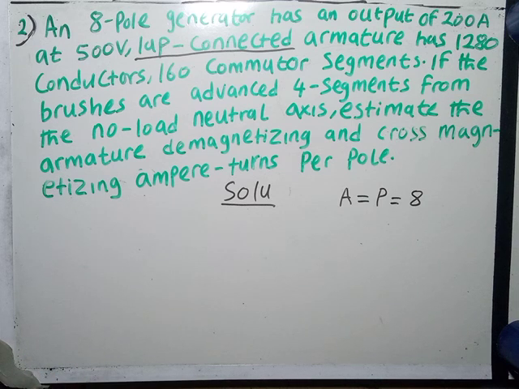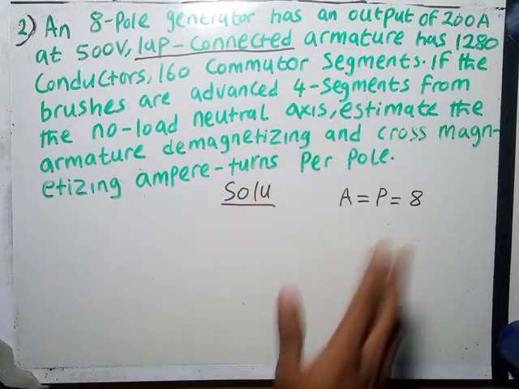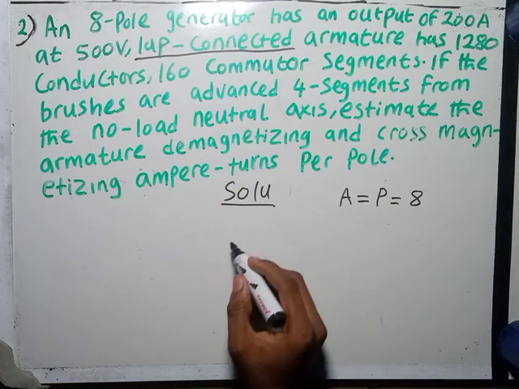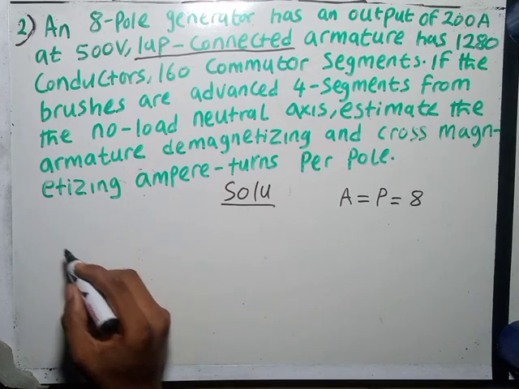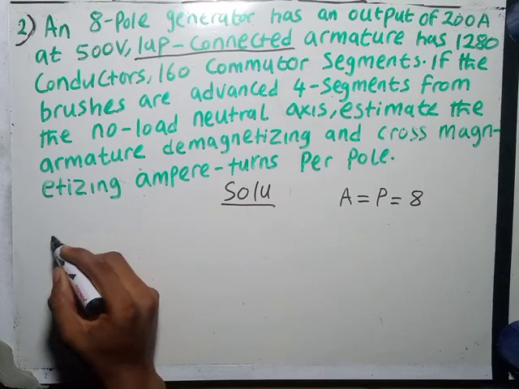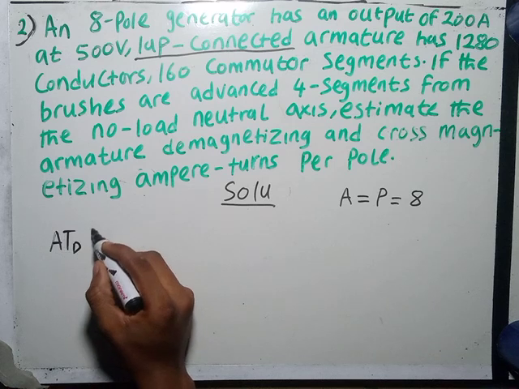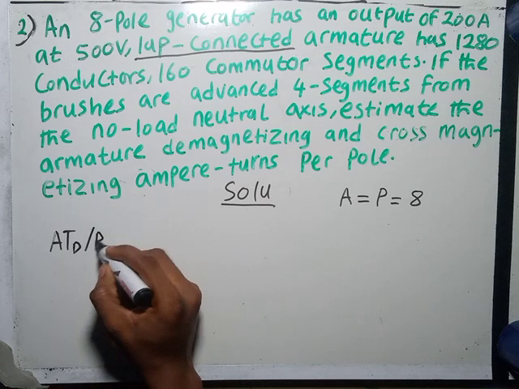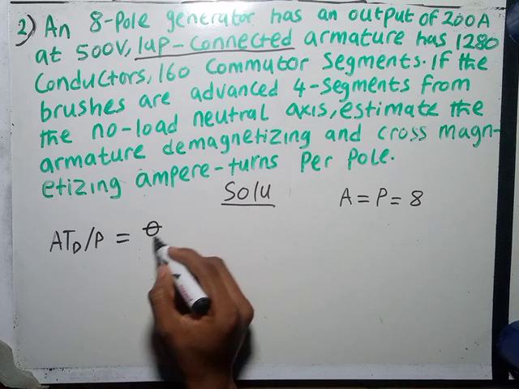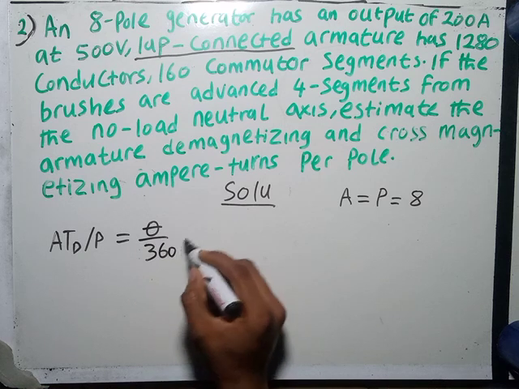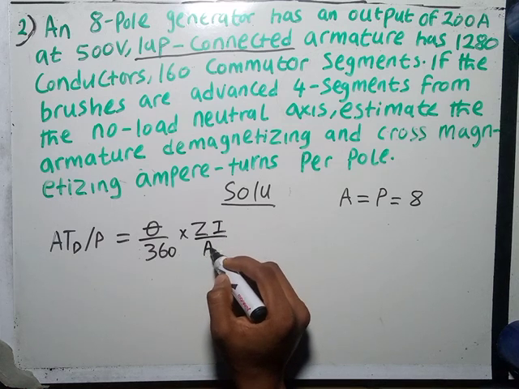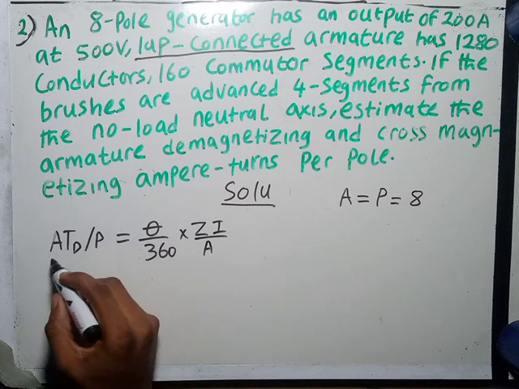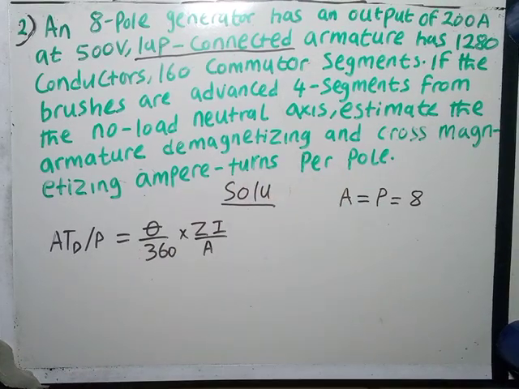So to better understand the question, this is what is happening here. Normally, for us to get our demagnetizing formula, we have that AT is equal to pi over 360 times ZI over A. Now, this was the formula for demagnetizing MMF.